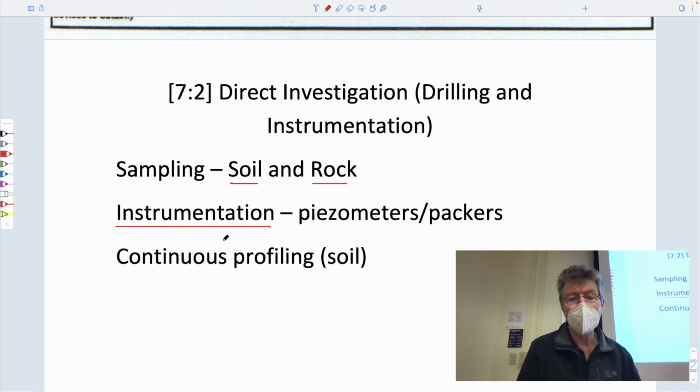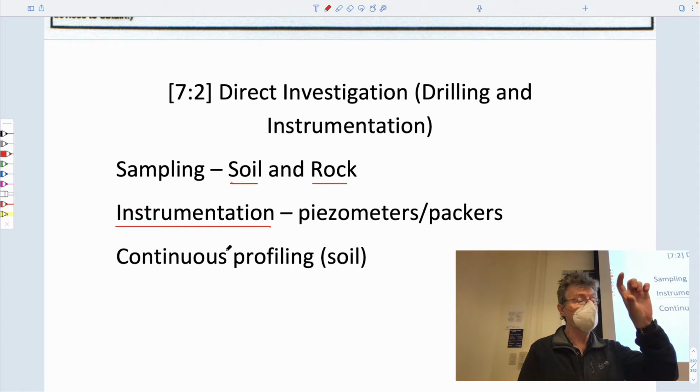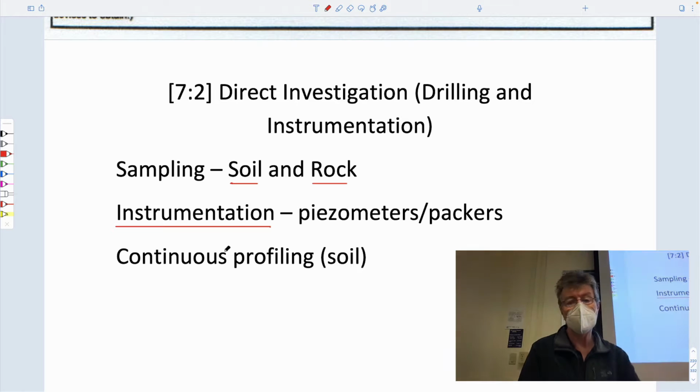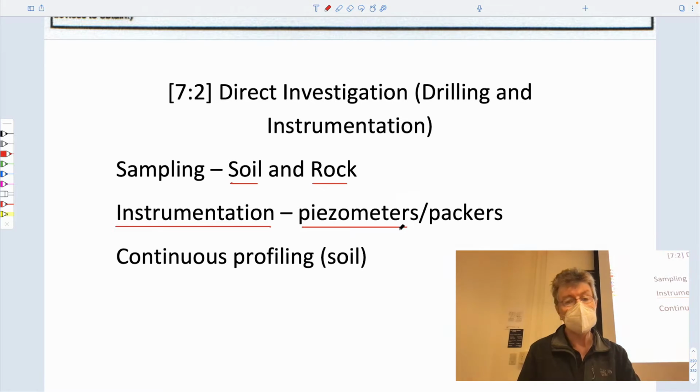But if you're drilling a hole, you might as well do something with it to recover things like fluid pressures, which you want in order to define flow rates across an aquifer, or not across an aquiclude, which you'd like it to be excluded, and the ability to take water samples for water quality as well.